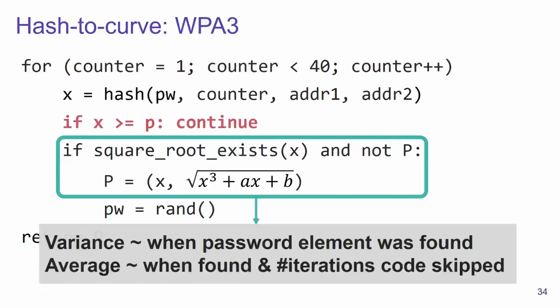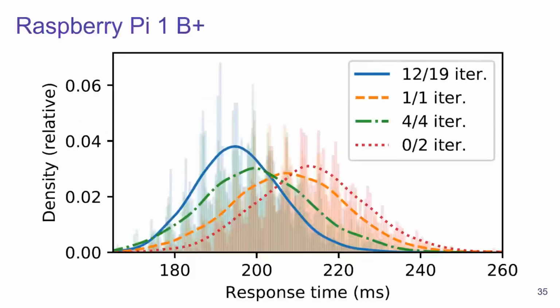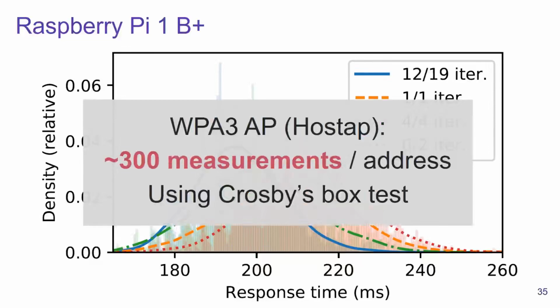So now the question is, can we measure these things in practice? And to determine this, we again performed an experiment against a Raspberry Pi that in this case was running an open source implementation of WPA3. And here we had to make more timing measurements per MAC address.